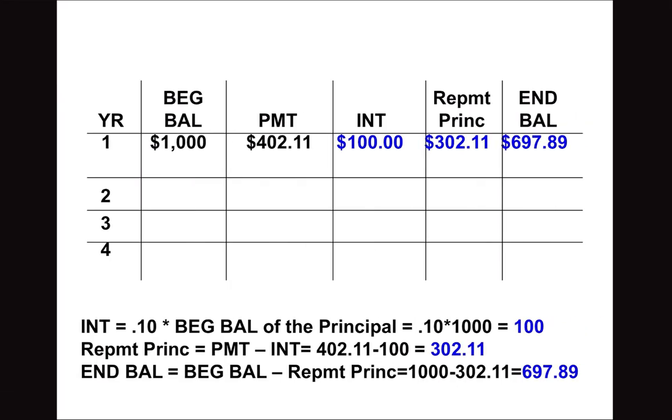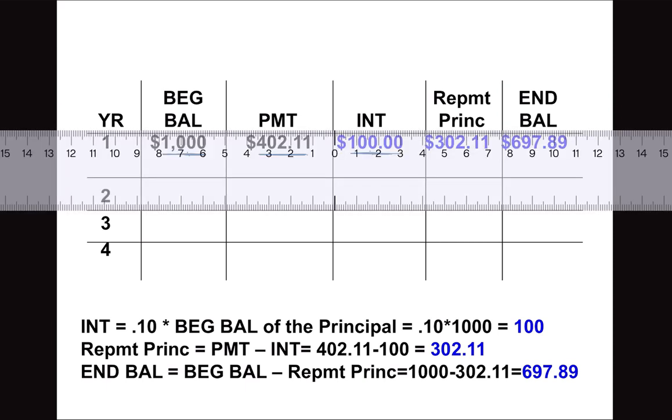Okay. So we have a beginning balance. This was our principal balance. We took out $1,000. We calculated that our payment every period would be $402.11. Our interest payment is 10% of the beginning balance, right? It's the rate times the beginning balance. So our payment was $402.11.